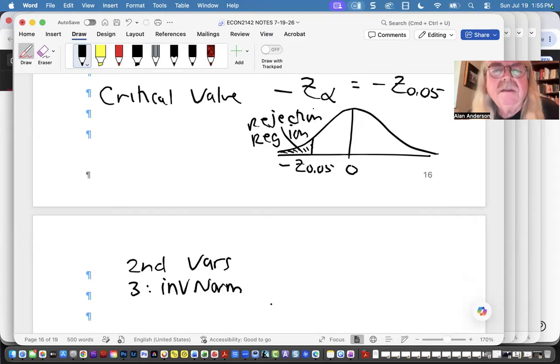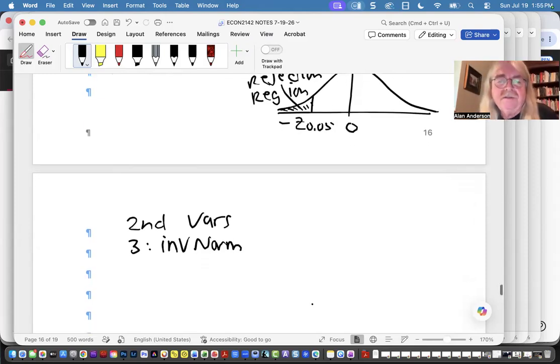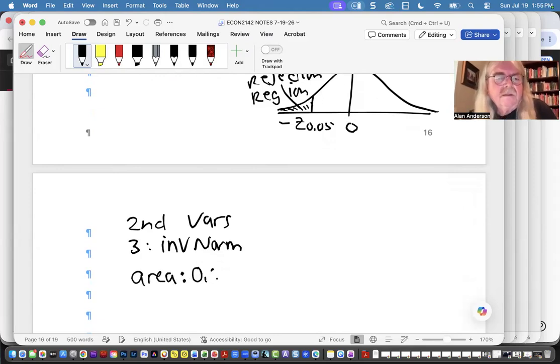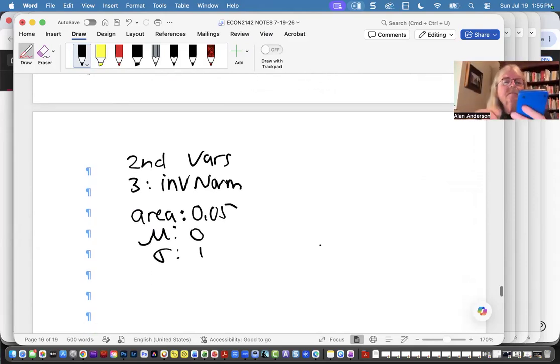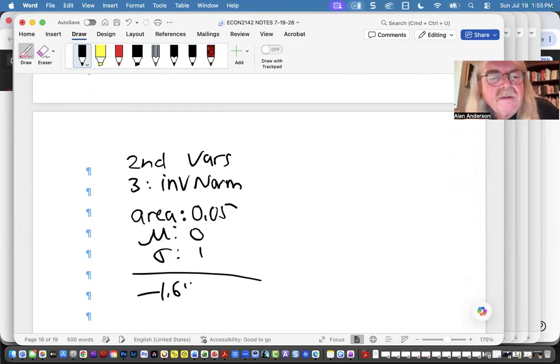Area to the left is 0.05. And these are 0 and 1 because it's the standard normal distribution. And we get negative 1.645.